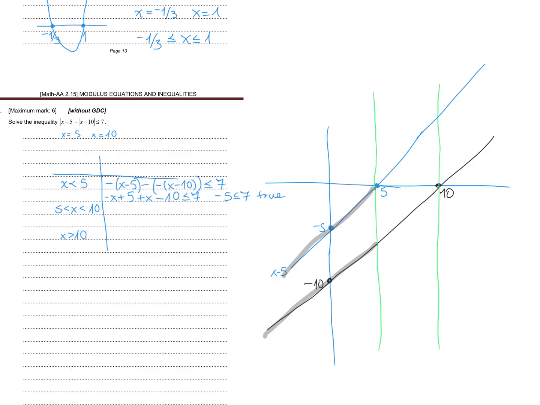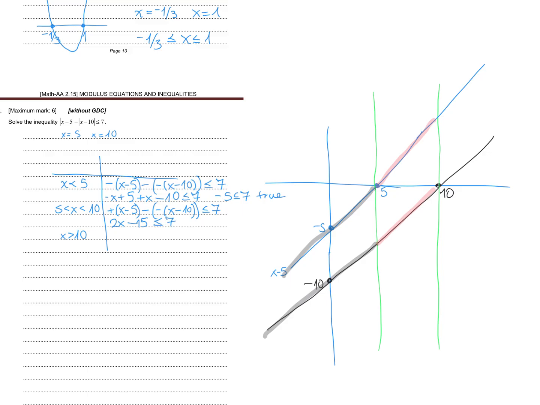Okay, so in between 5 and 10, we have that the x minus 5 is positive, but the x minus 10 is negative. So we've got positive (x minus 5) and then a negative (x minus 10). So we've got 2x, x plus x, and minus 5 minus 10, which is minus 15.